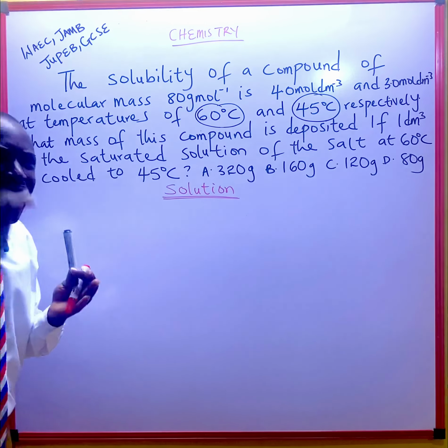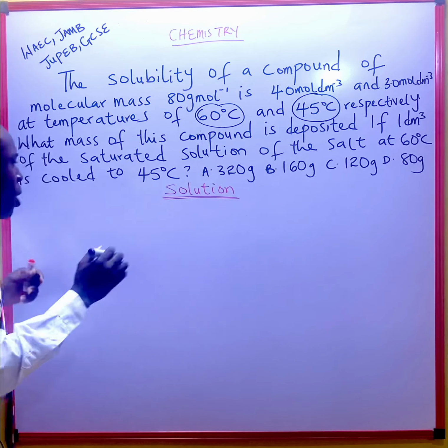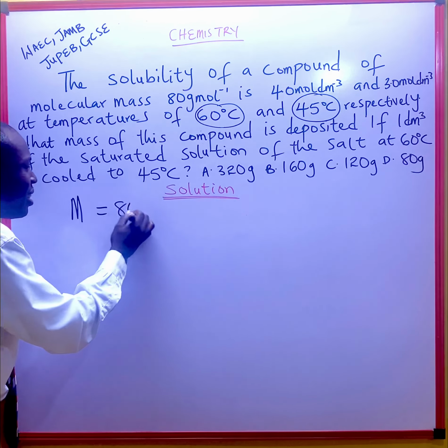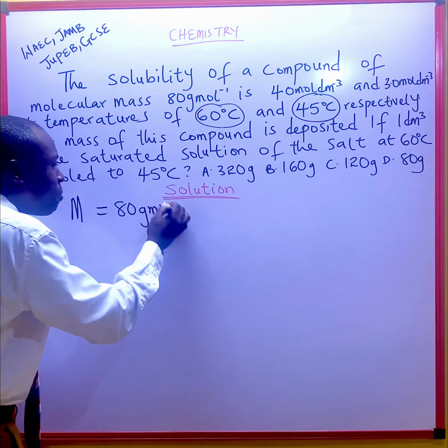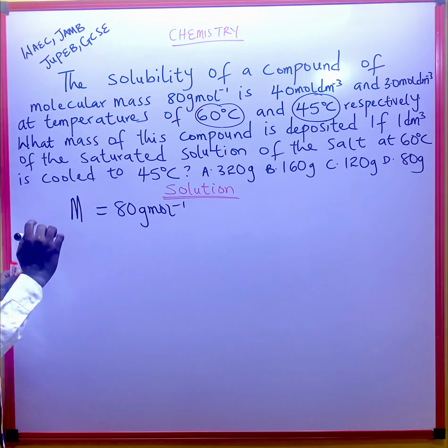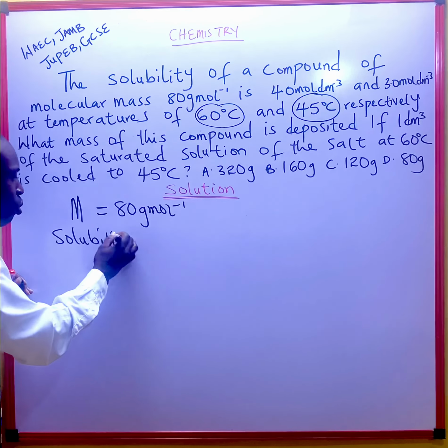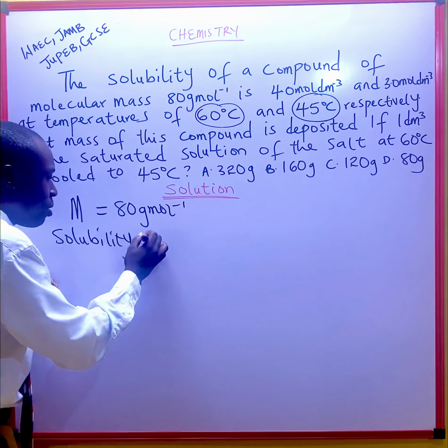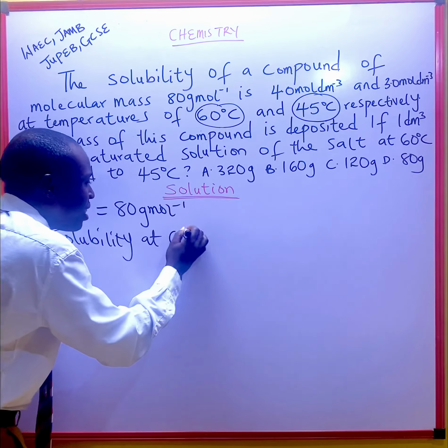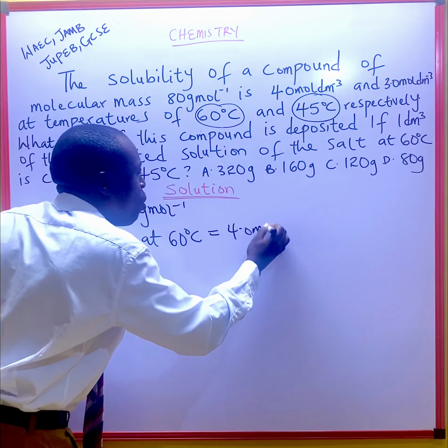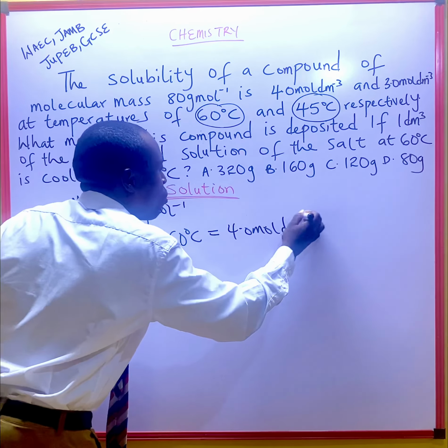We first of all bring out what we're given. First, we're given the molar mass of the compound to be 80 gram per mole. We're given the solubility of the salt at 60 degrees Celsius to be equal to 4.0 mole per dm cube.